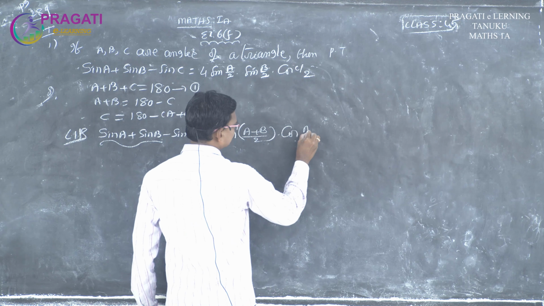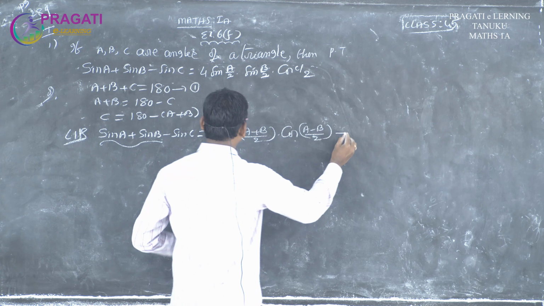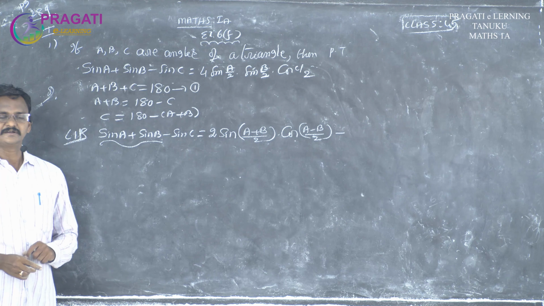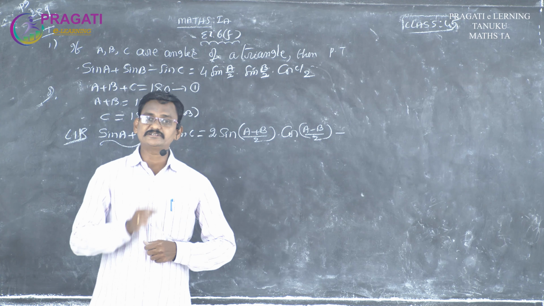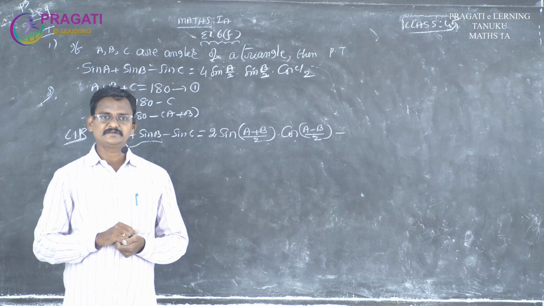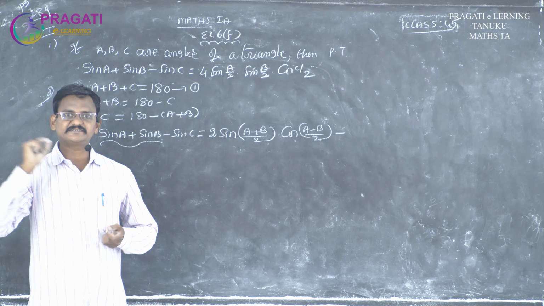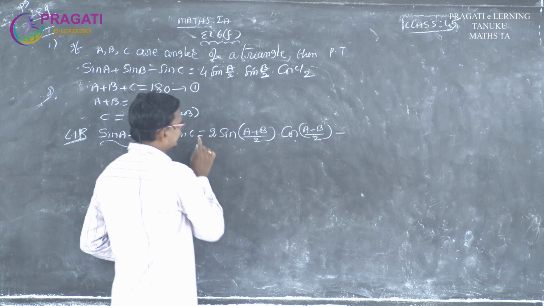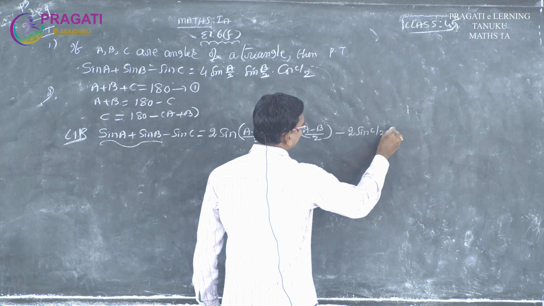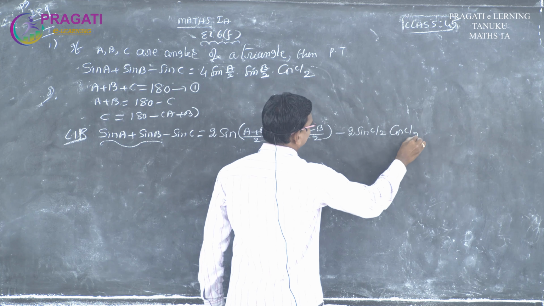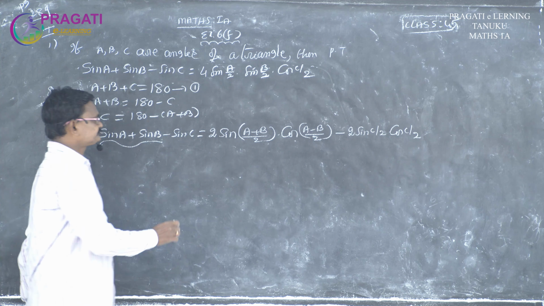That means 2 sin((A+B)/2) cos((A−B)/2) minus sin C. Sin C we take from multiple and submultiple angles. Sin 2A formula is 2 sin A cos A, so sin A means 2 sin A/2 cos A/2. So sin C means 2 sin C/2 cos C/2. That is the formula from multiple and submultiple angles.